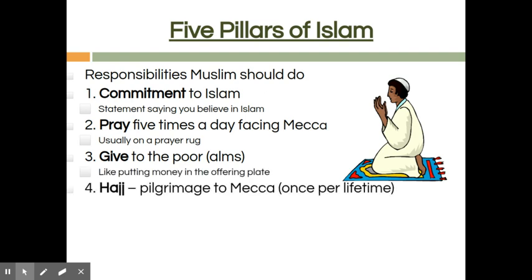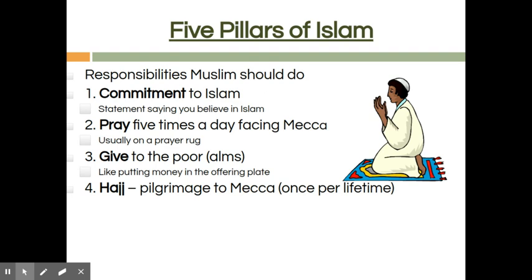The Hajj. The Hajj is a very important part. It's a very expensive part that a Muslim should do. There are some exceptions to a Hajj. If you physically cannot take a pilgrimage, a trip to Mecca, then you have to prove through your mosque that you cannot attend.